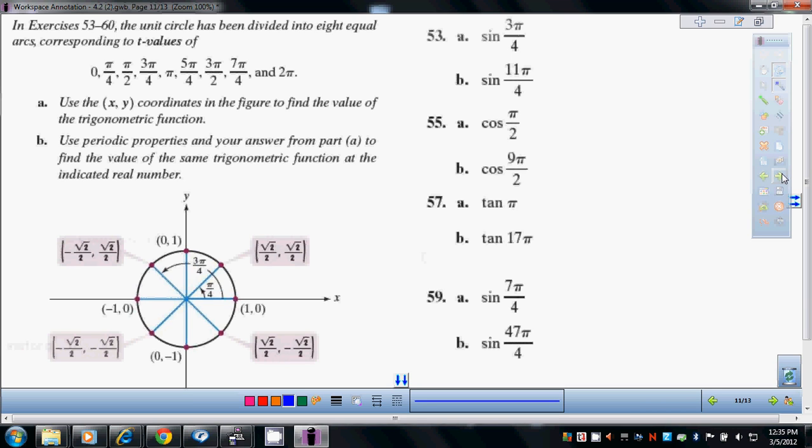What is tangent of pi? Go over to tangent, take your sine, divide by your cosine. Pi is 180. It's on the left-hand side. No, there's a coordinate. It's negative 1, 0. See that? So that's sine over cosine. 0 over negative 1, 0. And 17 pi will be the same thing. That's after 8 revolutions. I think that's it for that one.